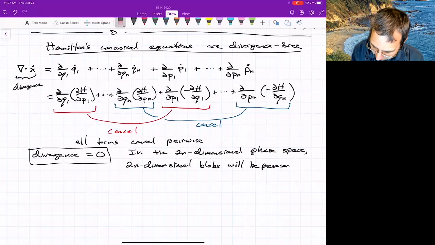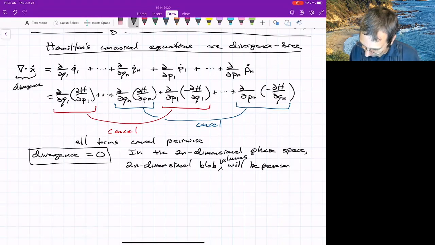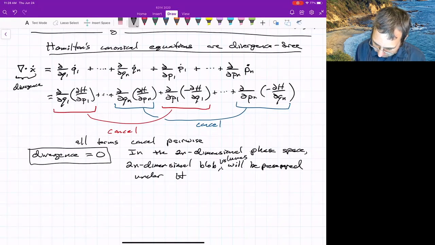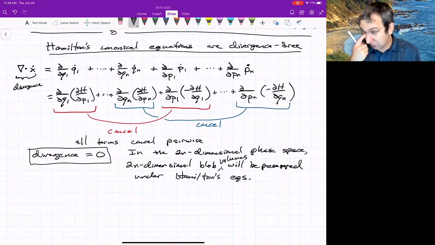Blob volumes, I should say, preserved under Hamilton's equations. And so that's an interesting property.